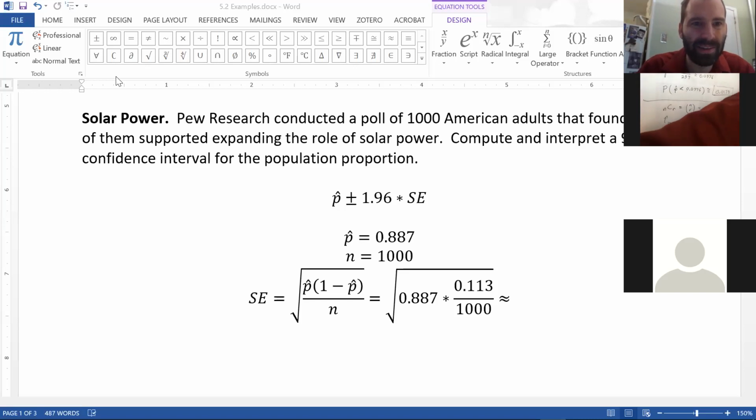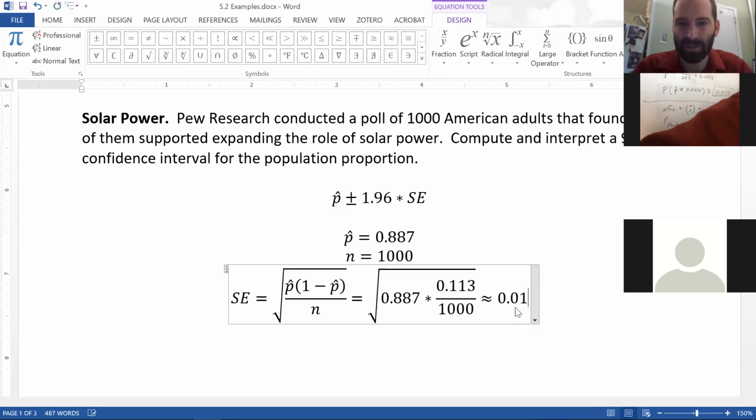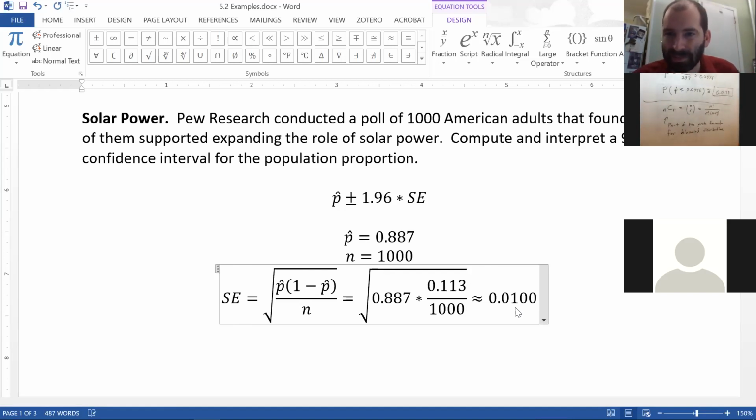It's equal to 0.0100. Let me just double check. My calculator is not giving me what I want. You might be right, but I'm going to check it myself. Yes, you are spot on. Thank you. 0.0100. Very good. Thanks. All right, that's the standard error.